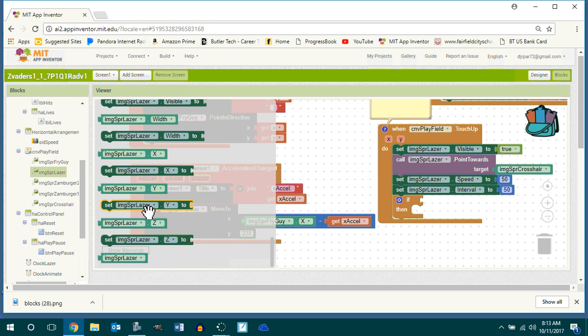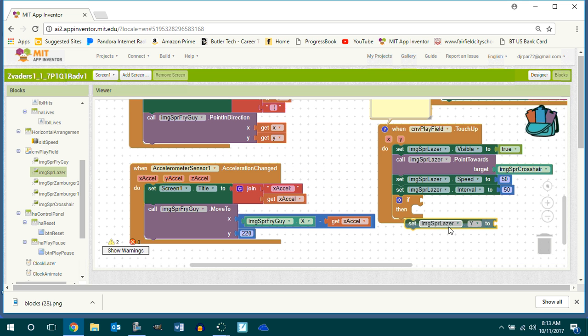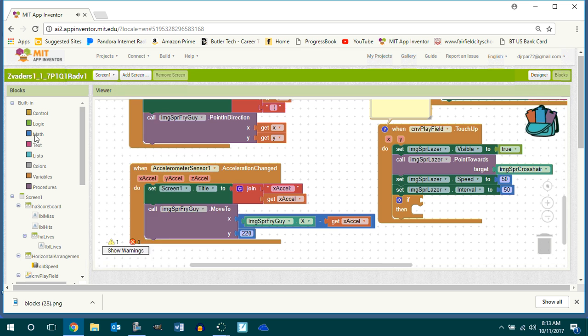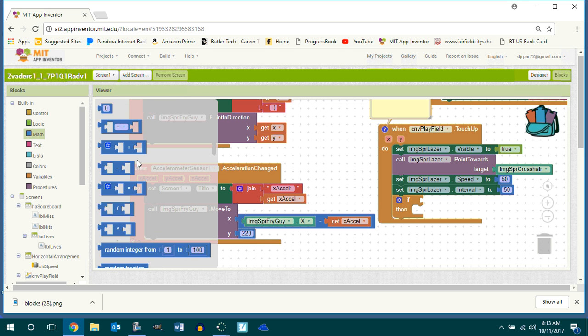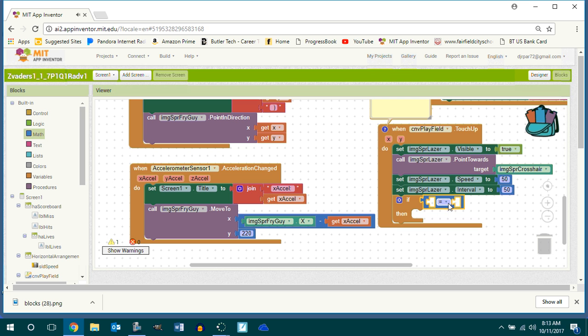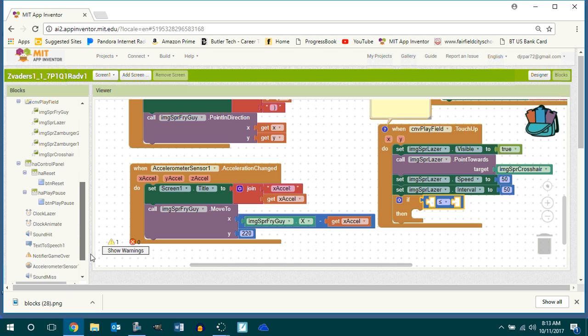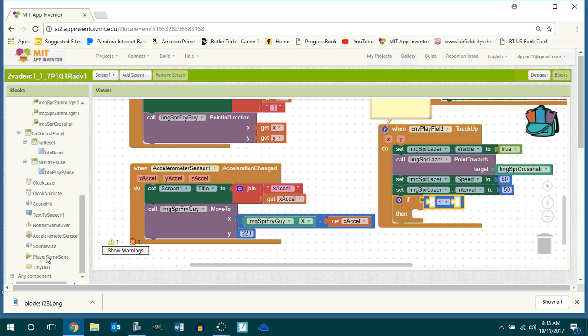So if its Y value, no. So I'm going to do some math here. If the Y value is less than or equal to 0. Are you guys with me on that? So if the image laser Y, why do I not care about X?